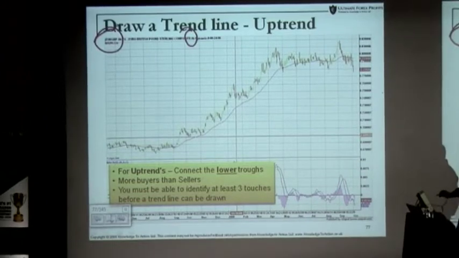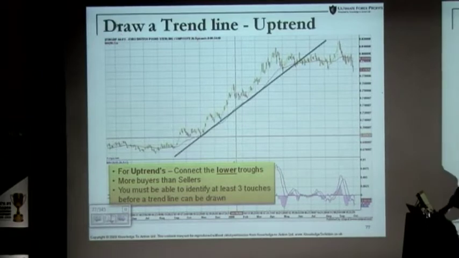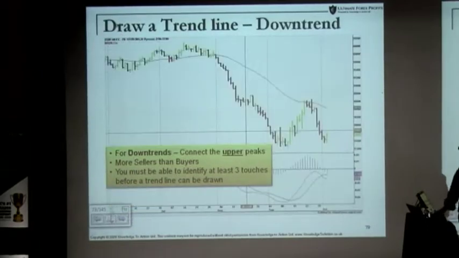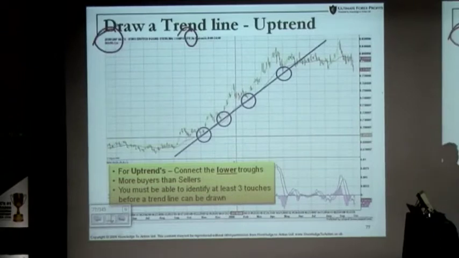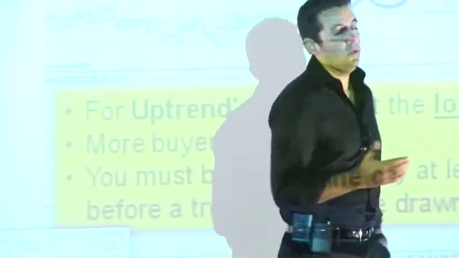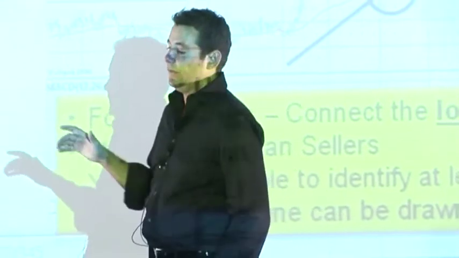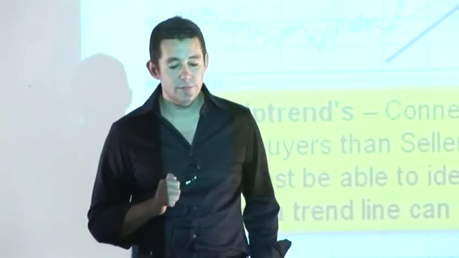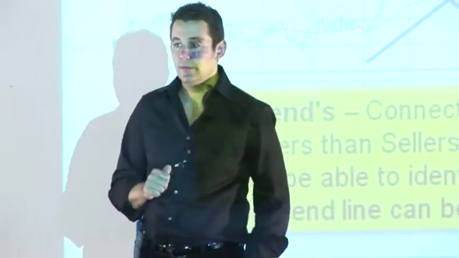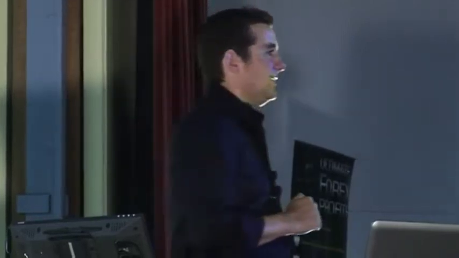And you'll notice here that I've said for uptrends, we connect the lower troughs. So notice here that we have connected the lower troughs, and all we do then simply is draw a line through them. Why do we draw a line through the troughs and not the peaks? Why do we care about where it bounces?